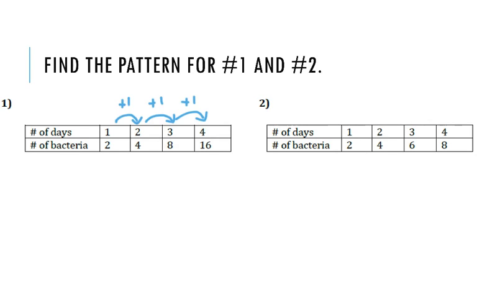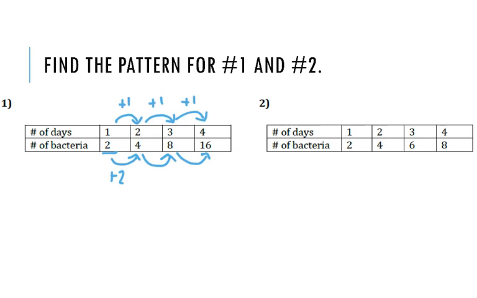We started out with 2, and then it goes to 4. And then from 4 it goes to 8, and 8 goes to 16 after 1 day. So what's happening here? We might think, oh, well, we're just adding 2, but then if we take 4 and add 2, it doesn't give us 8.